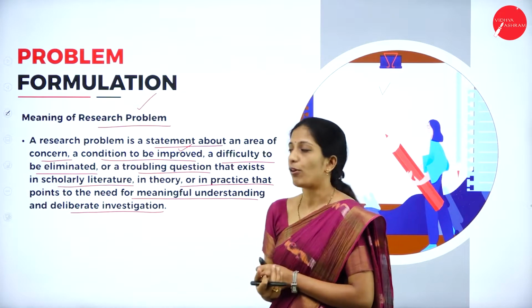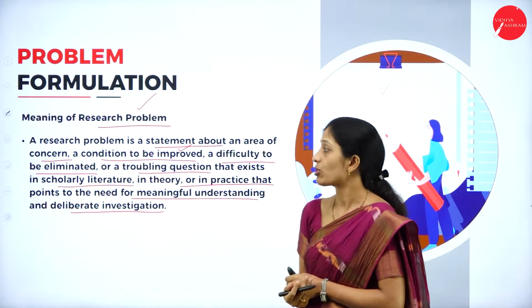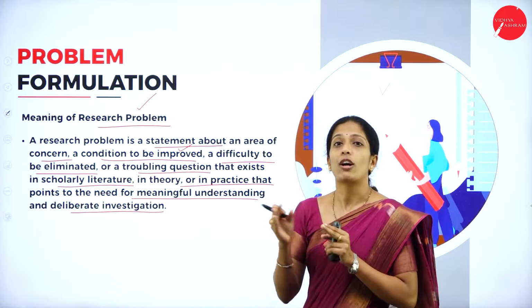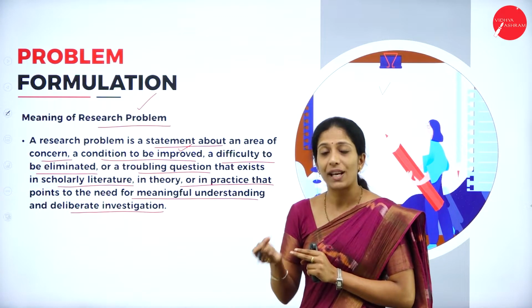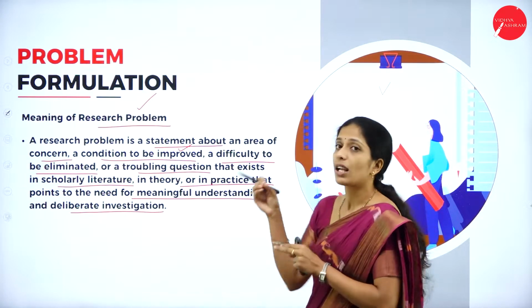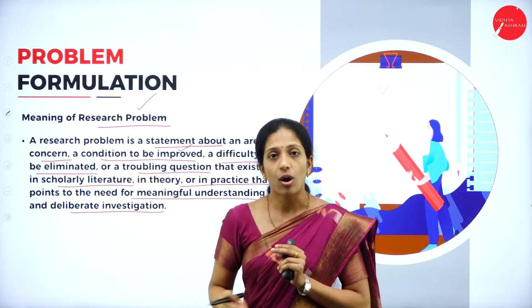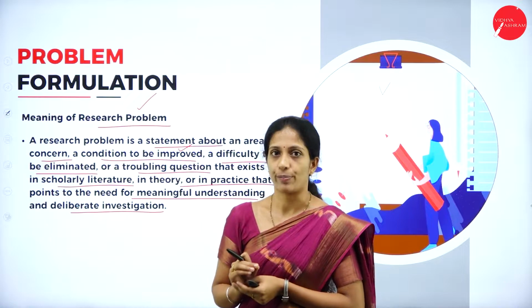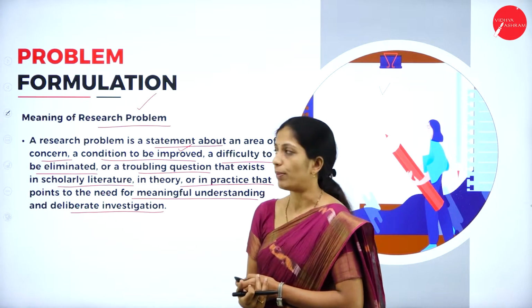So what are the types of problems? It may be a troubling question, or a thing that cannot be eliminated, or has to be improved, or has to be eliminated in the future, or an area which has to be given more concern to solve. They are all termed as what? Research problem. Hope you are clear with the meaning of research problem.